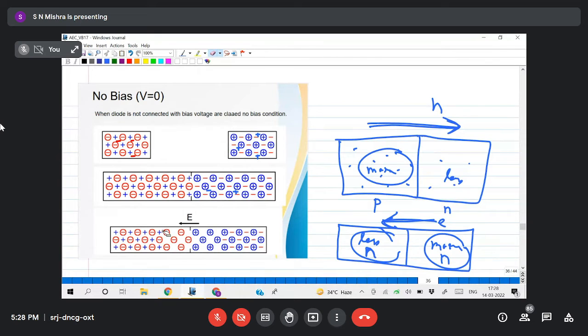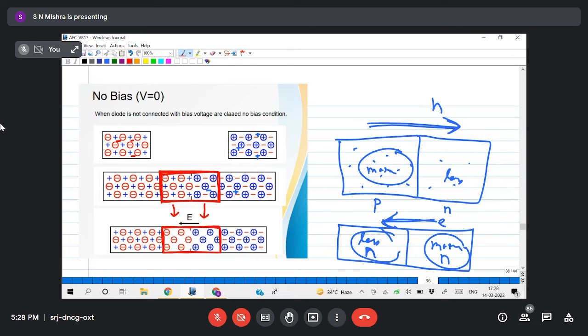So you observe this region. You observe this region only and observe the previous. What difference you observe and tell me from here to here? There are no electrons and holes present there.